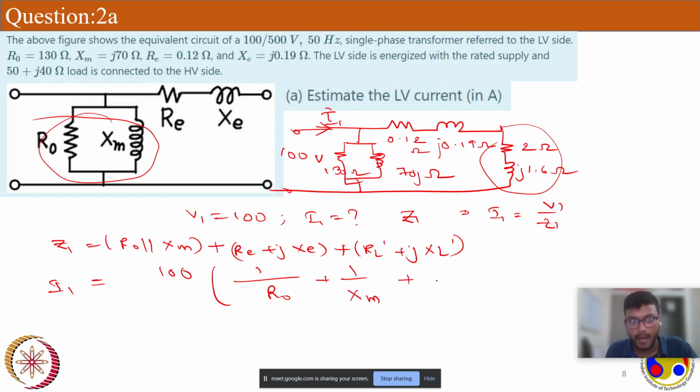That is R0 parallel to Xm. Now it is entirely in series with Re plus Xe, 1 by Re plus Xe plus RL dash plus jXL dash. So, can someone tell me what answer they got?